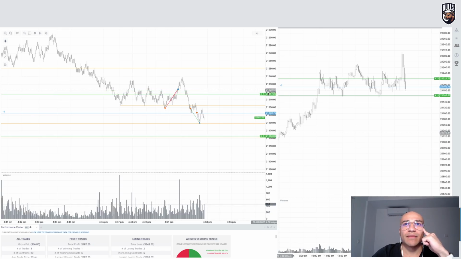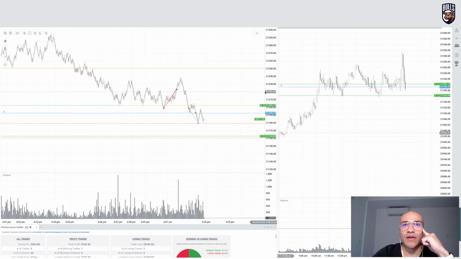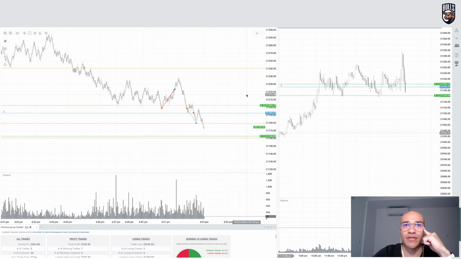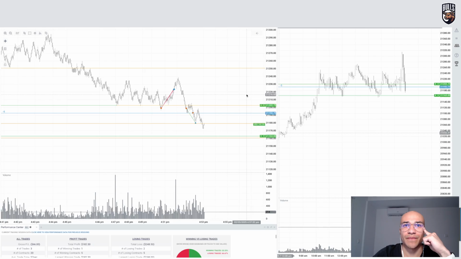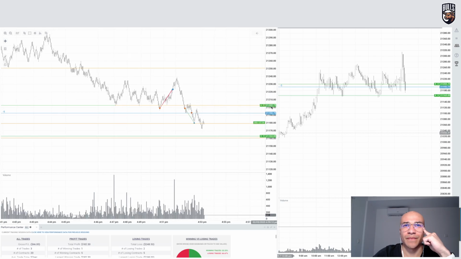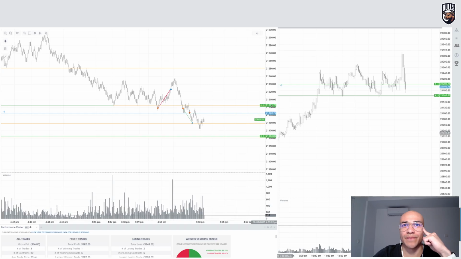I'll also tighten my stop and move my stop above 200. If we manage to break above 200, I would call this trade idea as invalidated. And also now, since we broke 180, which was my take profit level 1, I will soon start trailing my stop.